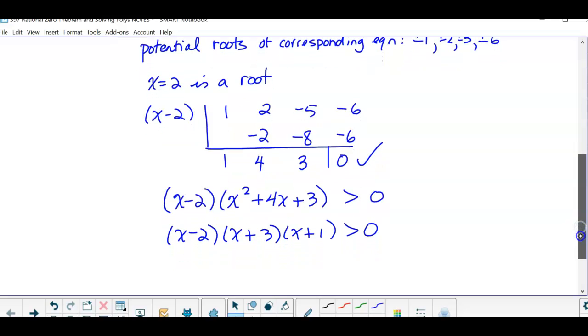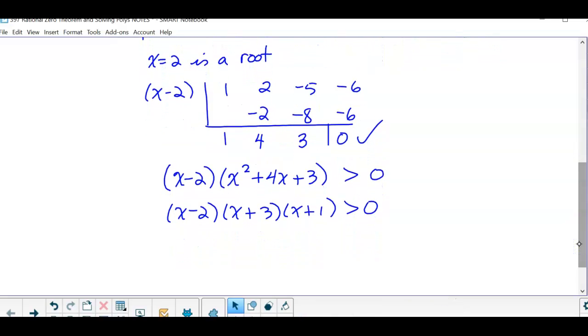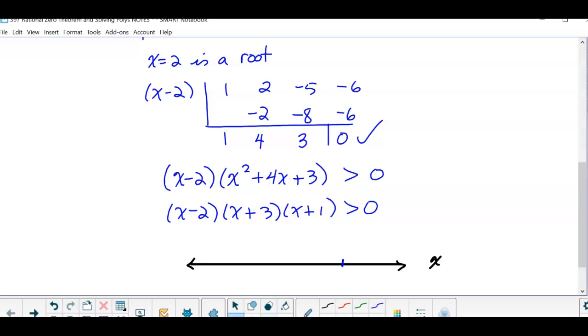Okay, so this is where I'm going to draw a number line. So it's representing x. And so here, my solutions, 2, -1, and -3.